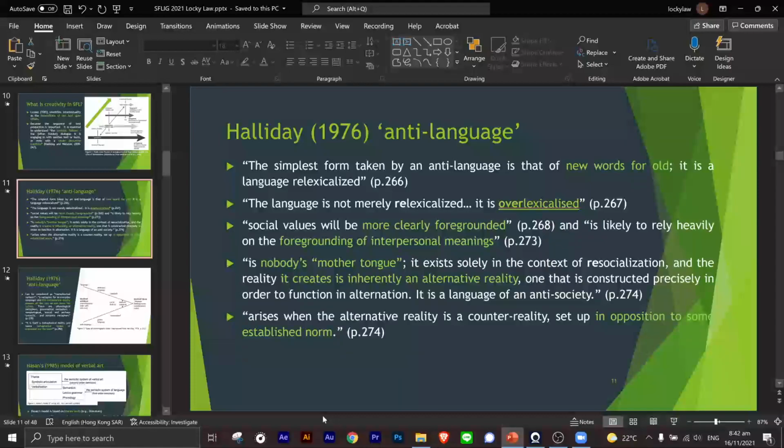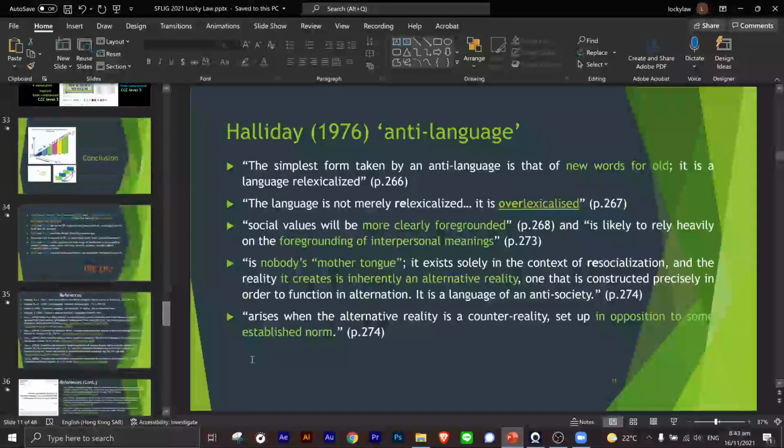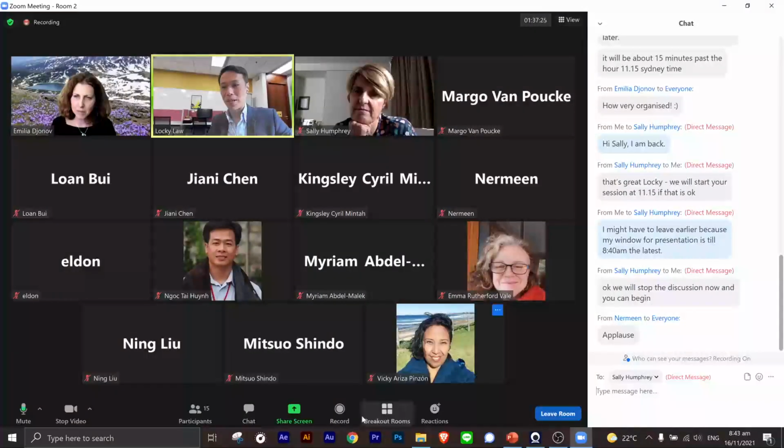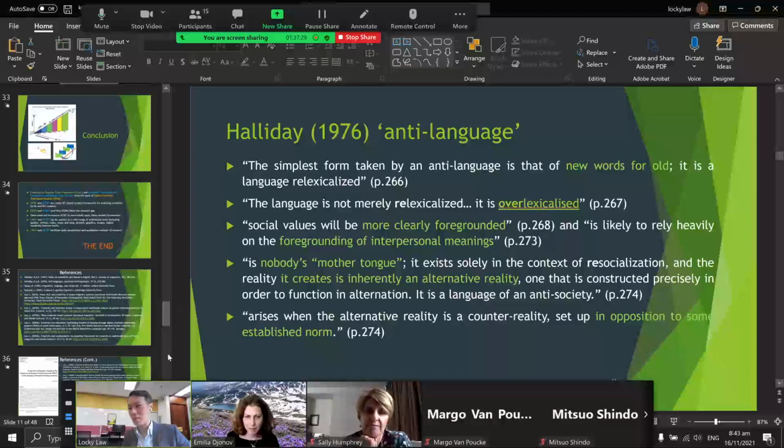I worked with the scripts and dialogues, so I have the video and the text as well. I've done a lot of work on foregrounding of interpersonal meaning from these two frameworks, but that would be super time-consuming to present here. But I can share a little bit of how that looks if you can see my screen.